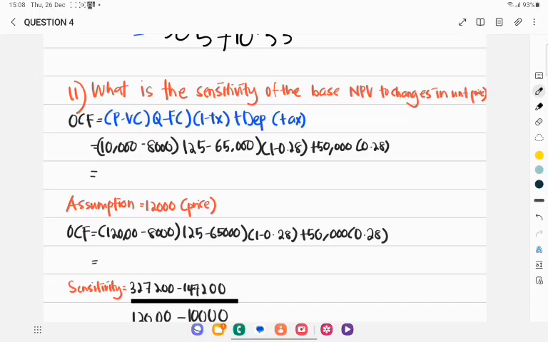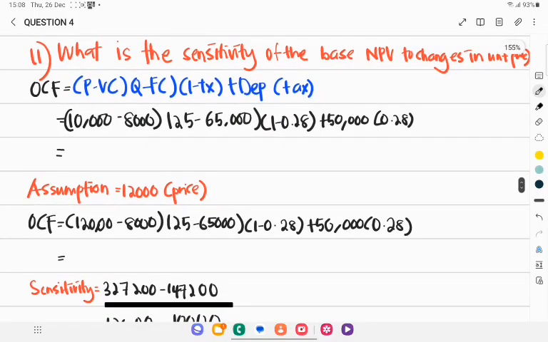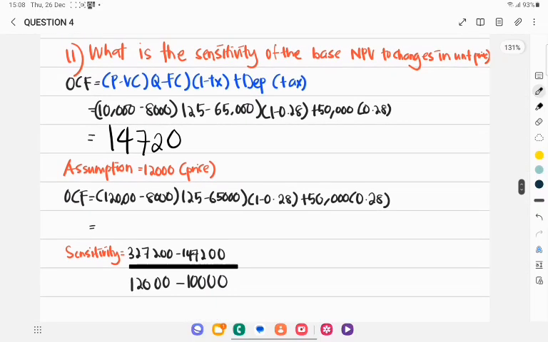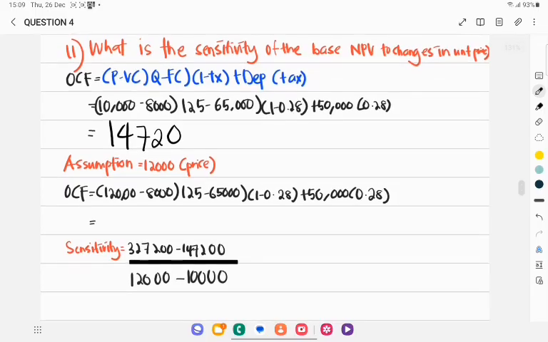So 10,000 minus 8,000 multiply 125 minus 65,000 multiply 1 minus 0.28 plus 50,000 multiply 0.28. So the answer is 147,200. For the assumption, the price for this is 12,000.